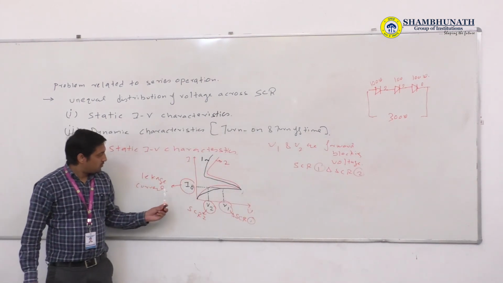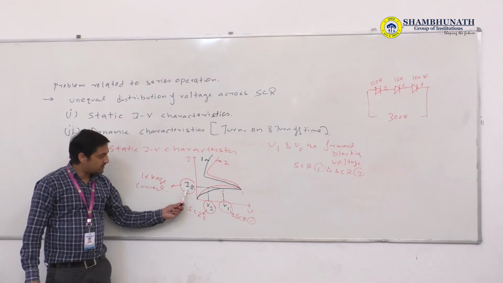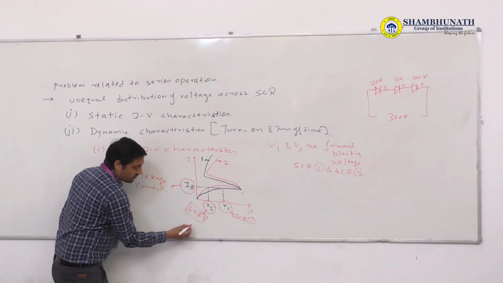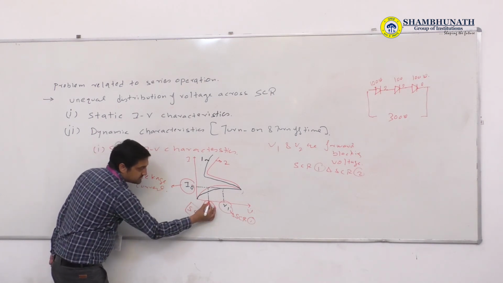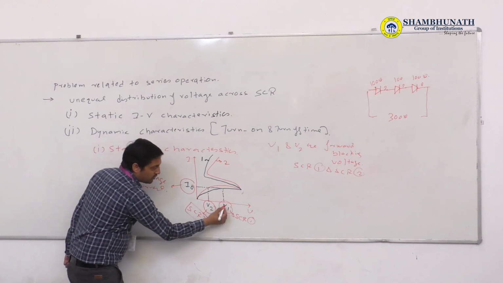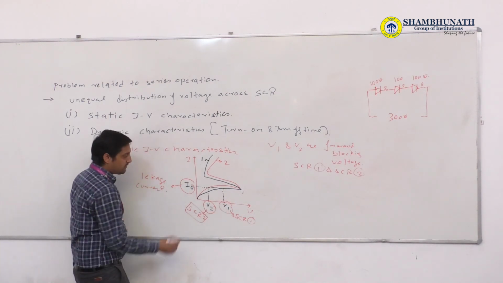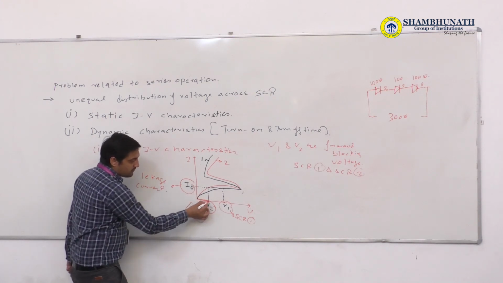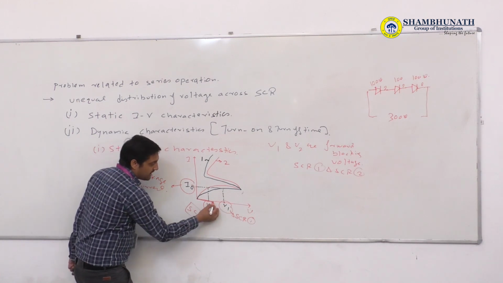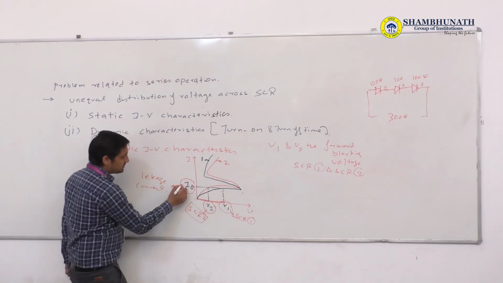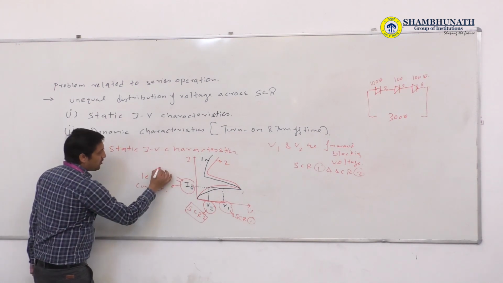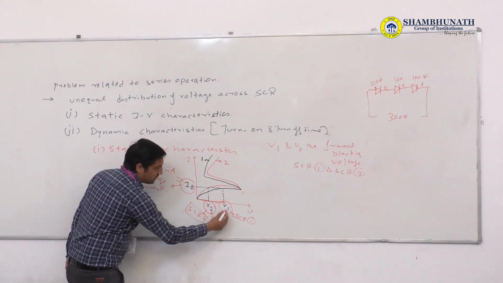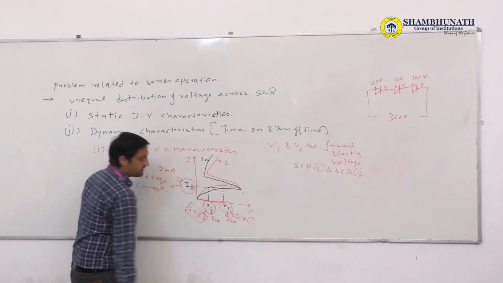For the same leakage current, the breakdown voltage of SCR2 is less than the breakdown voltage of SCR1. For the same I0, V2 occurs very early while V1 occurs after some time. Suppose your leakage current is 2 milliampere and the voltage V2 is 30 volt while V1 is equal to 60 volt.